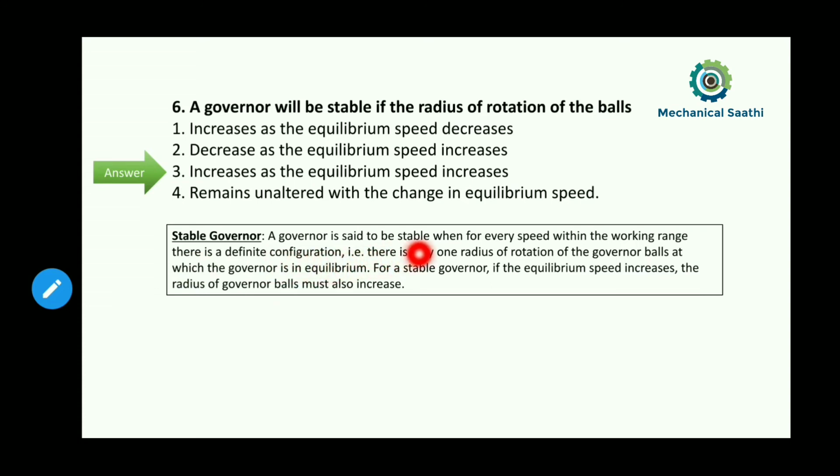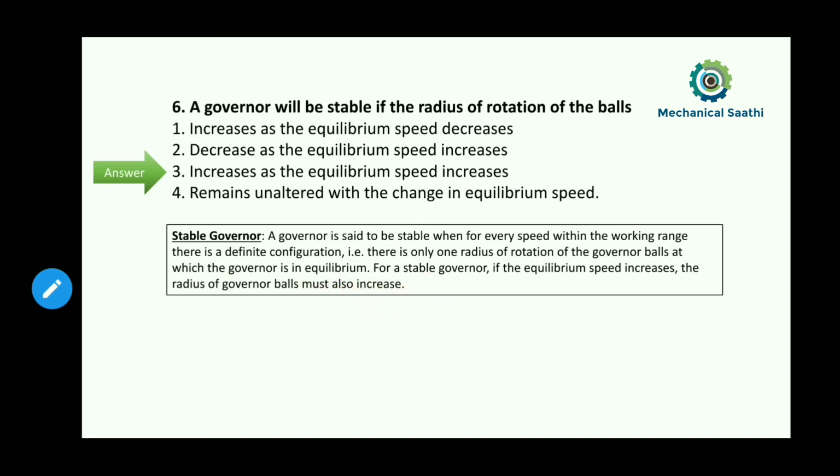So for a particular speed there is a definite configuration, and there is only one radius of rotation of the governor balls at which the governor is in equilibrium. Obviously for a stable governor, if the equilibrium speed increases, the radius of the governor balls must also increase. That we have already discussed.